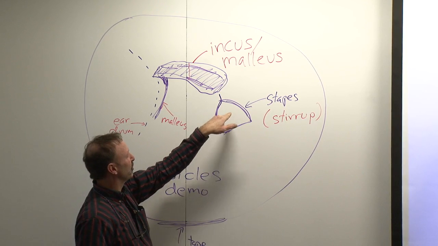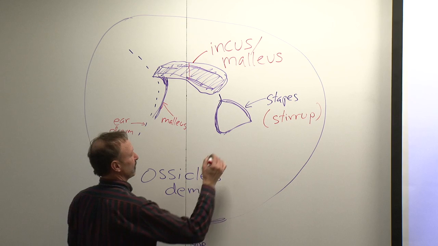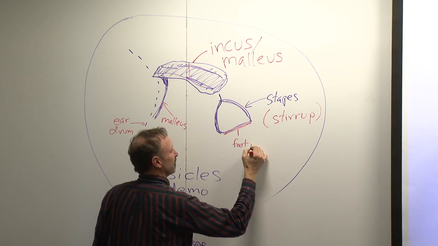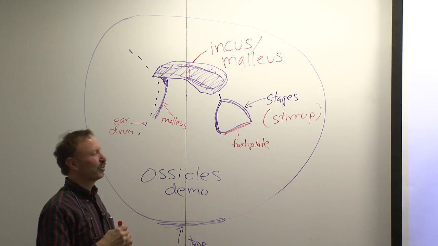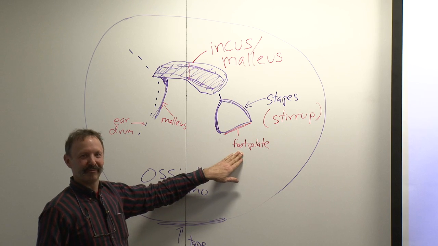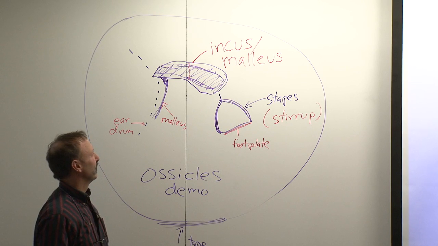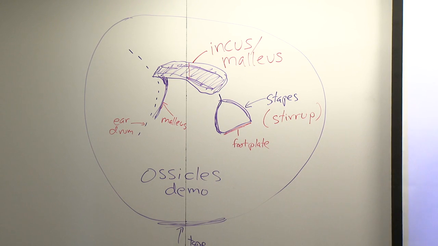You put your cowboy boot right in there until your heel hits this foot plate. So that's pretty obvious how that got its name. It's the foot plate where you put your foot. And that foot plate is the beginning of the next division, which is the inner ear.